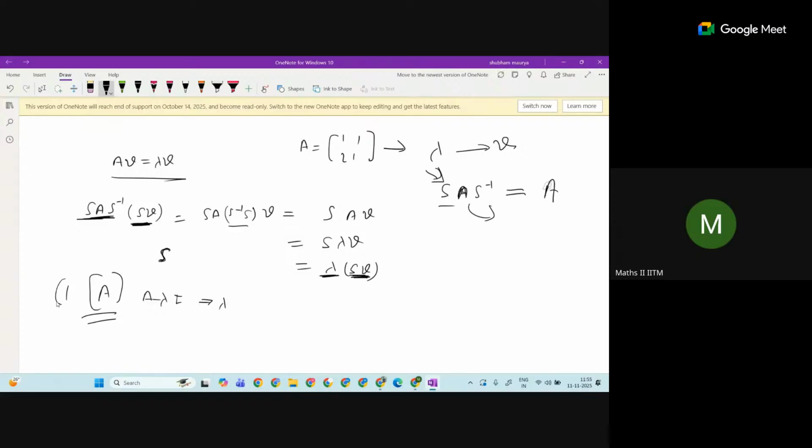But in the next question it asks to find the eigenvectors of S inverse. Again you don't need to follow that method. You can use this result directly, and it will reduce your time.